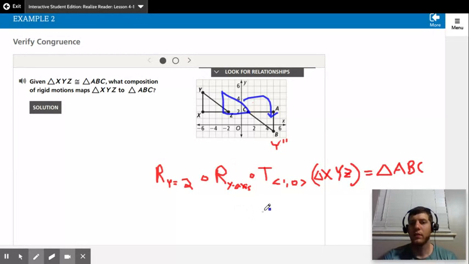So if we did a translation that is 3 to the right, and then we took that translation and we rotated it 180 degrees, the point we rotated around was point C. So we took a rotation of 180 degrees around point C of the translation that went 3 to the right.